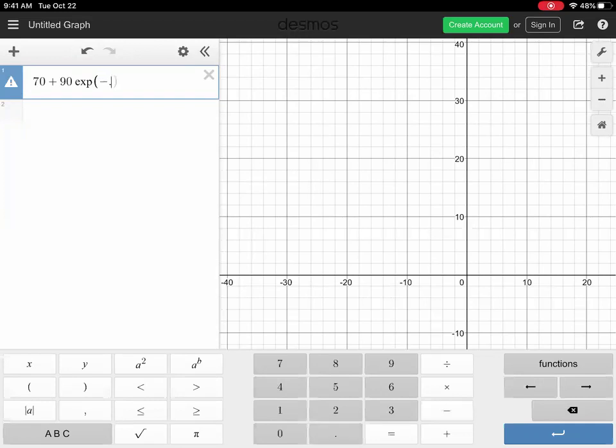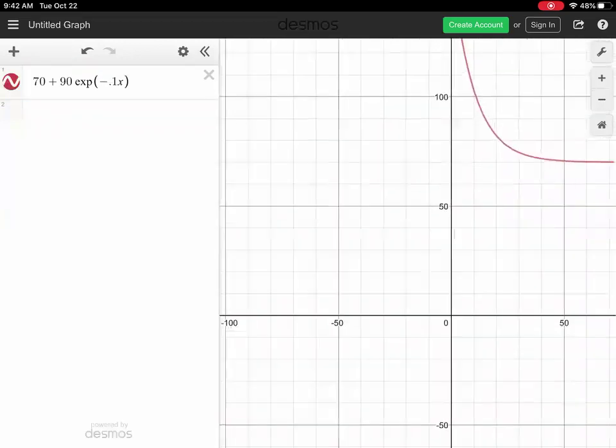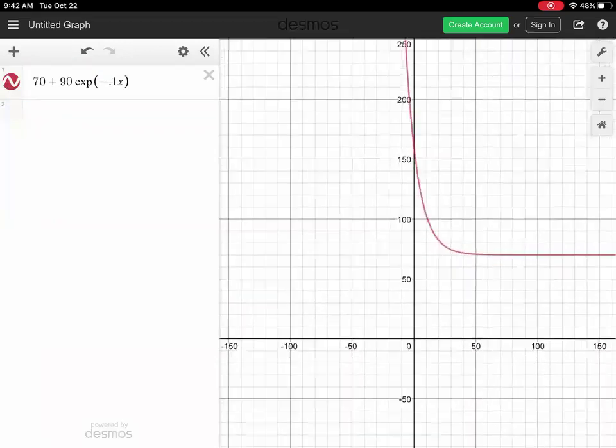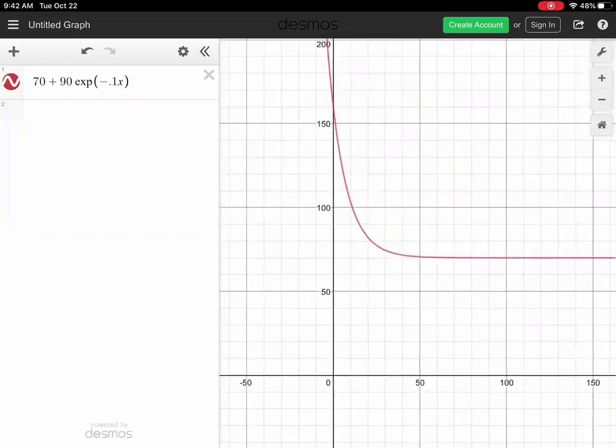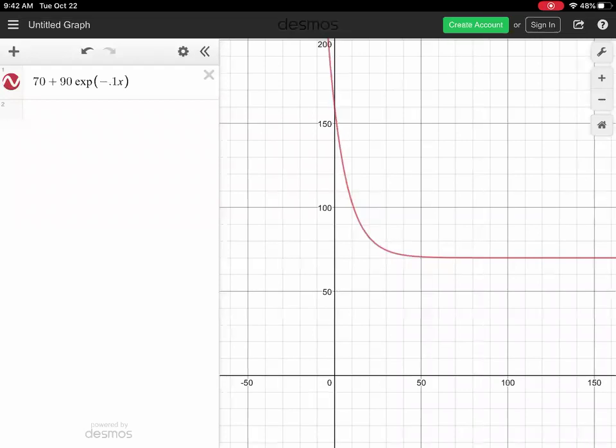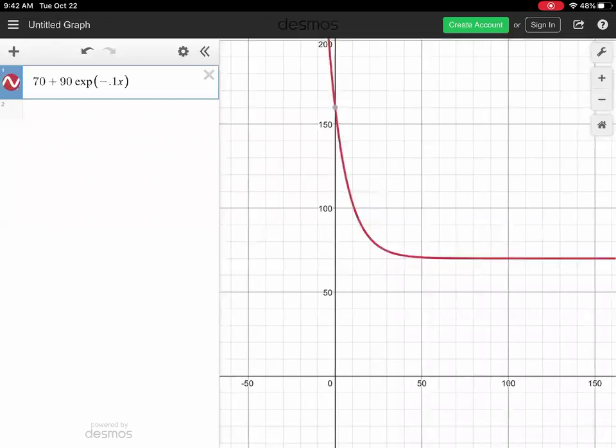So we've got negative 0.1 x, end bracket. It didn't like that. Or maybe it did. I just have to zoom out. Great. So if we click on this line here, it'll tell us that it crosses the y-axis at (0, 160).